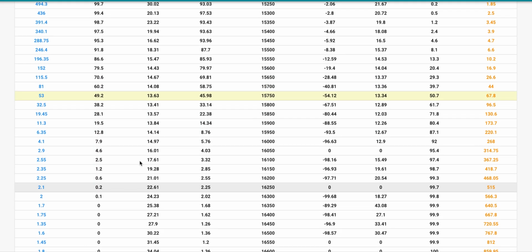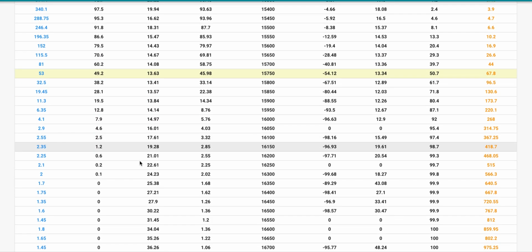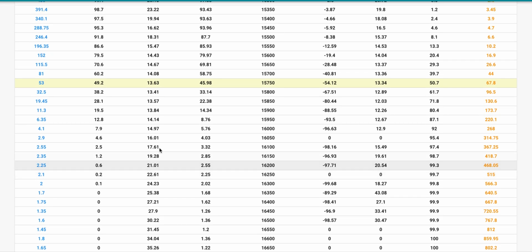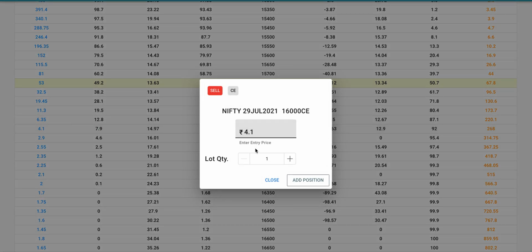Let's assume that I'm a seller, and I want to trade for 29 July. Currently we are around 15,700, and 16,000 doesn't look so likely. So I just want to sell the 16,000 call. If I click on sell 16,000 call, let's sell at 4 rupees.